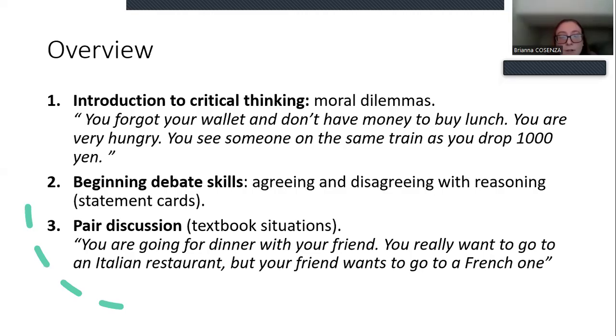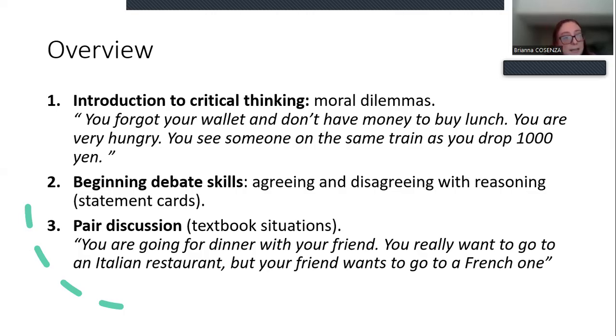In that first unit, I start the course with an introduction to critical thinking, and we do something called moral dilemmas. Students have different situations, such as: you forgot your wallet and you don't have money to buy lunch. You're very hungry. You see someone on the same train as you drop 1,000 yen. In partners, the students have to talk about what they would do in this situation, because they have to consider all aspects of the situation and maybe the effects of it.